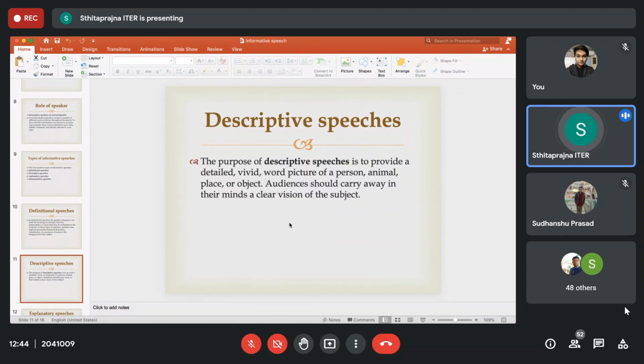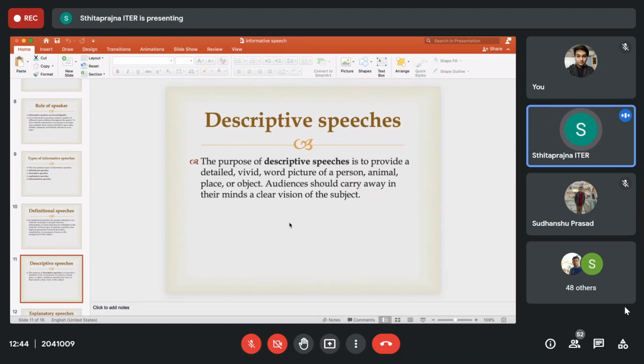So you can use that also as a speech topic, as a speech theme. You know, giving a description of a place or an object or a person.